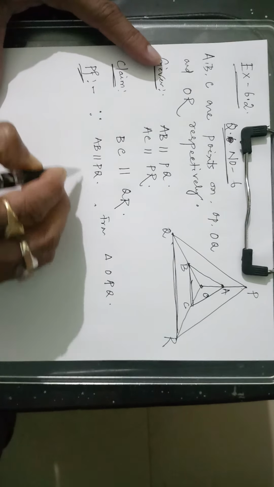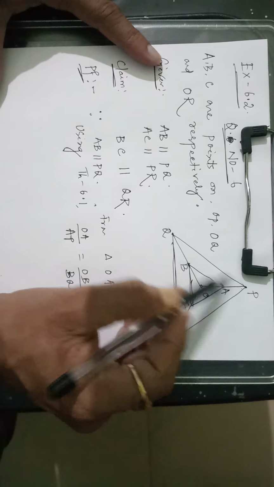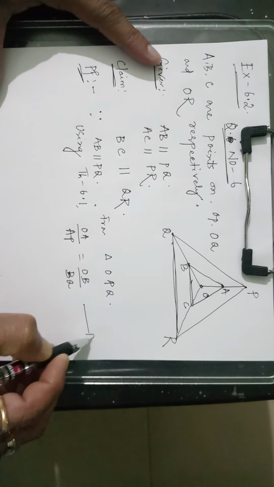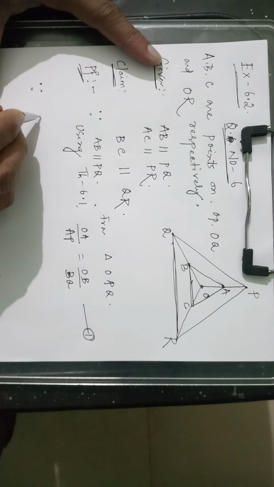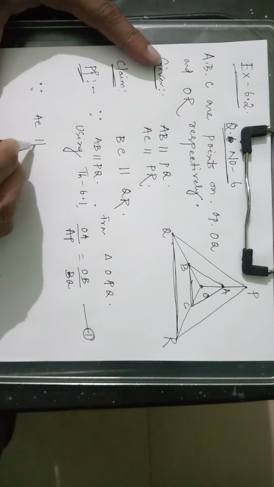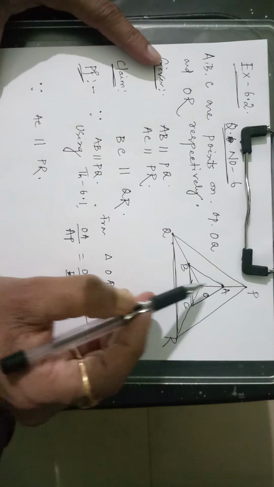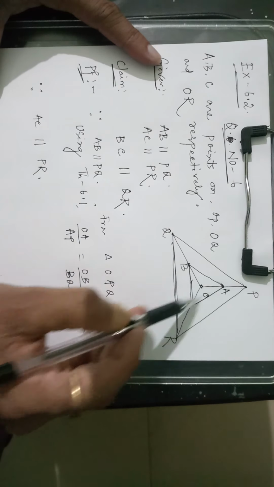This is equation number 1. Hence AC parallel to PR. So we can write the same using theorem 6.1, OA by AP equal to OC by CR.